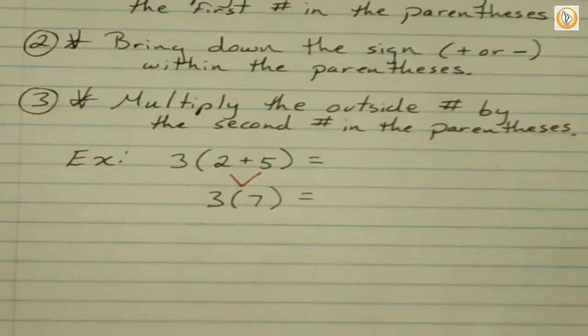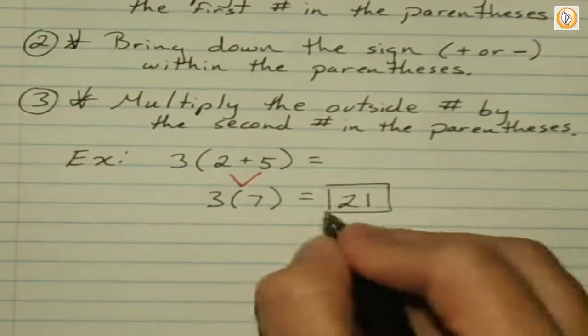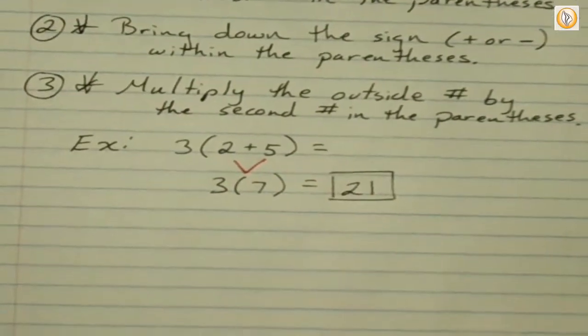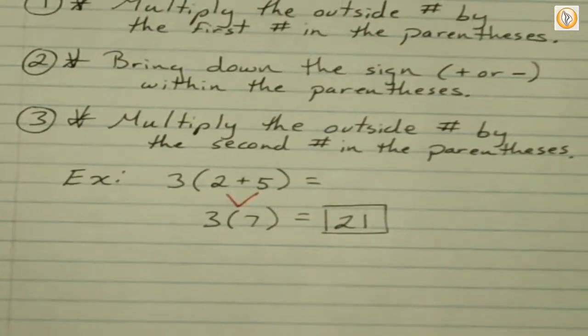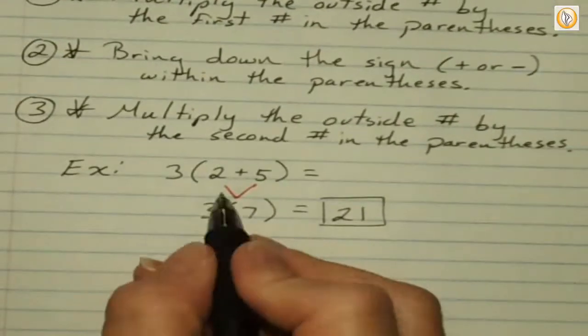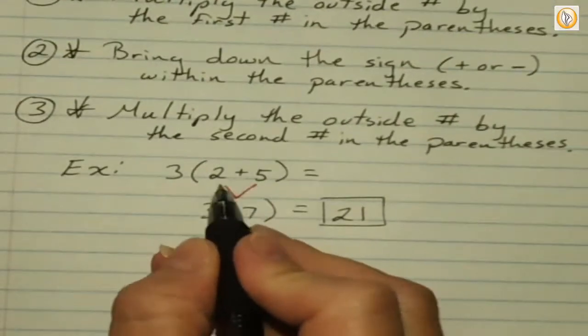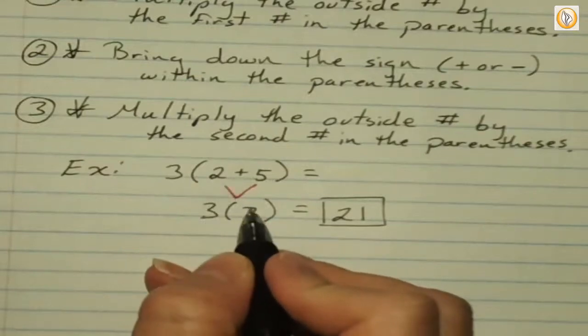So 3 times 7 is 21. I have a question. Isn't it supposed to be the number on the outside times the 2 plus 5? Can we combine the 2 and the 5? So we go ahead and do that, and then we multiply.